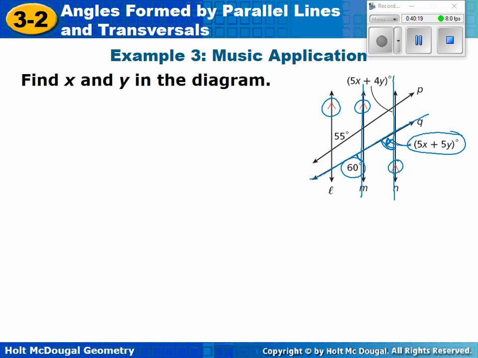They're on the same side, but they're not both interior or both exterior. So they're called corresponding. Corresponding angles, because the lines are parallel, are congruent. So we can say 5x plus 5y is what? Equal to 60. So 5x plus 5y equals 60.